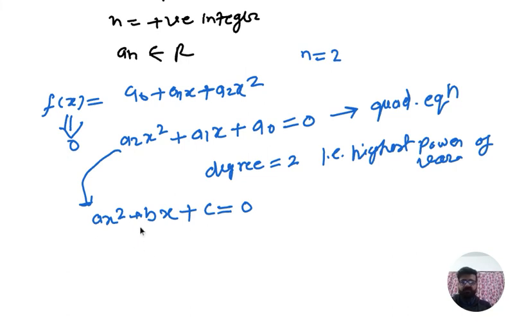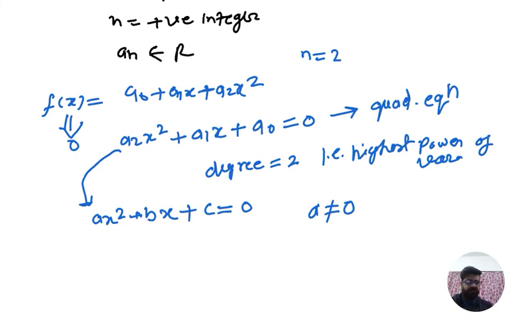And one more thing: here a cannot be equal to 0. If a becomes 0, then it will not be a quadratic equation.